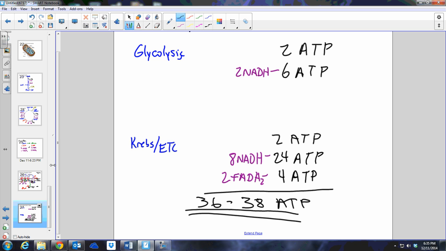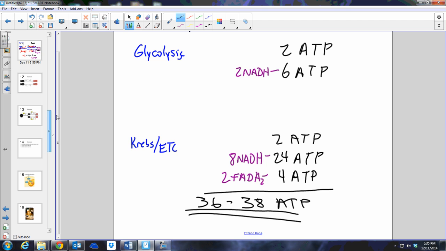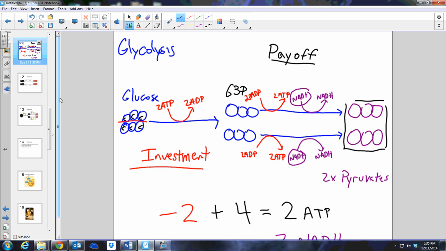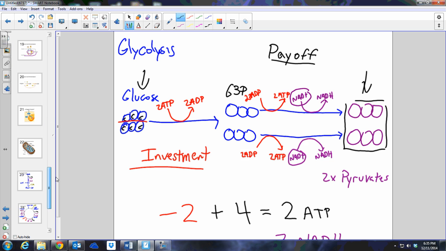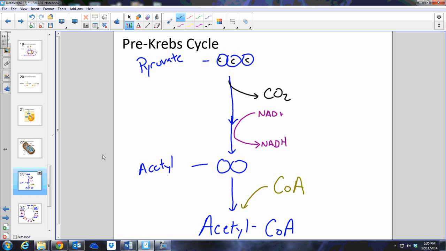So we've started with glycolysis. We started with a glucose molecule, and in glycolysis, that glucose molecule was broken down into 2 pyruvates. Those 2 pyruvates then are fed into the Krebs cycle one at a time, and they make a total of 8 NADH and 2 FADH2s, which are electron carriers.